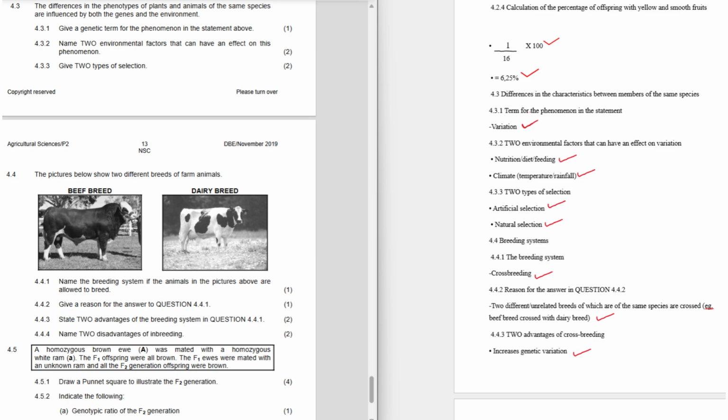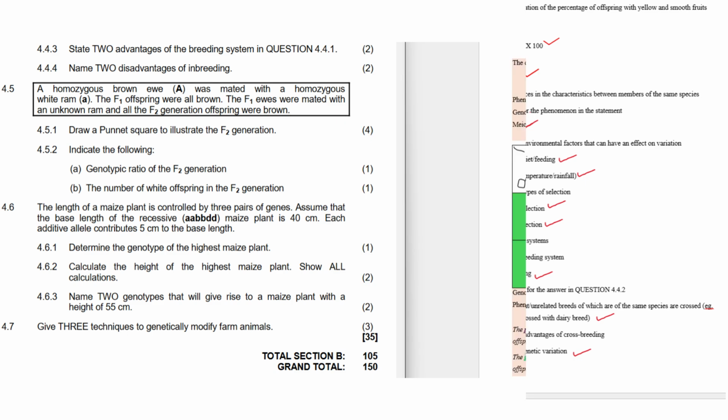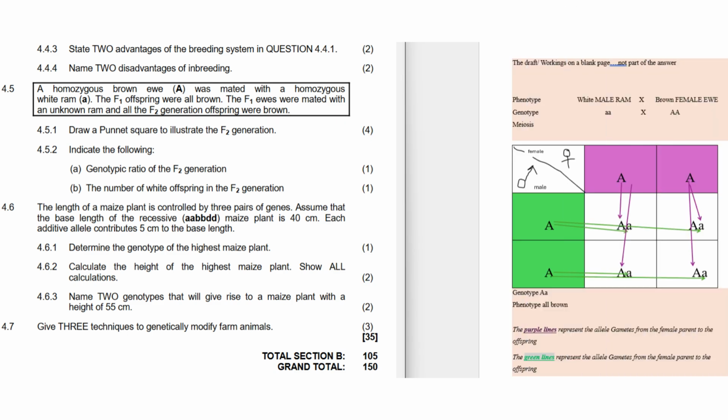Question 4.5: a homozygous brown sheep, written with the capital letter A for the dominant allele, was mated with a homozygous white sheep, with the recessive allele, small letter a.